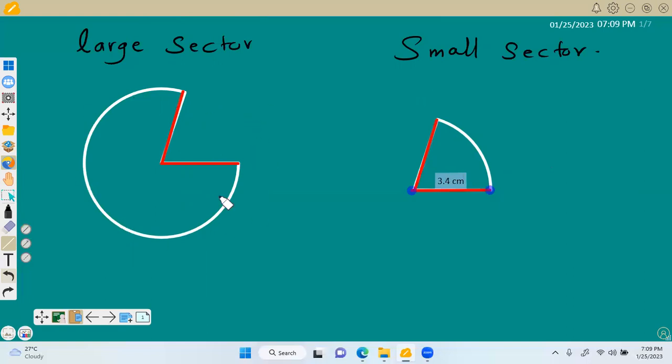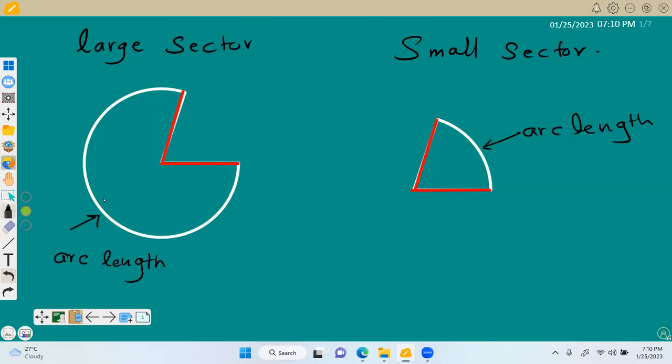And you can see a curved line, no? This curved line is called the arc length. Then when we consider a sector, it is bounded by an arc length and two radii. The small sector is also bounded by two radii and an arc length.